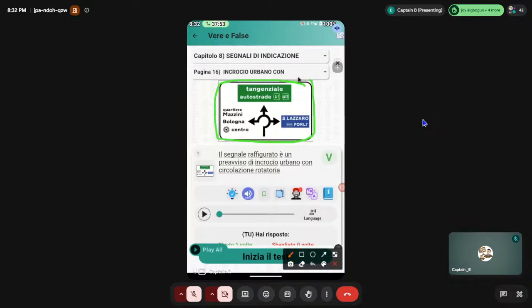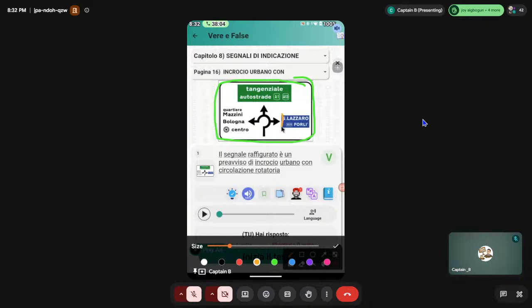The bulk is urbana, which is centro abitati. Now the blue one here is extra urbana, as in outside the city, while the green one is autostrada, which is highway. Did you understand? Yes, I understand. Thank you. Next person, go ahead.